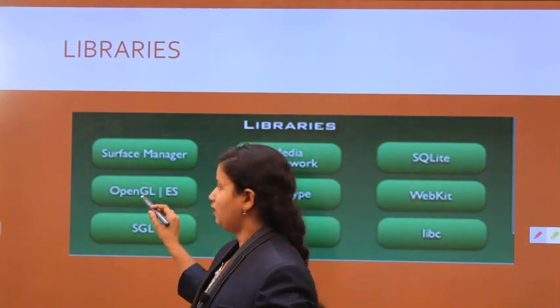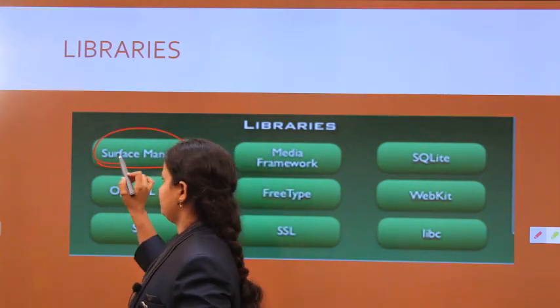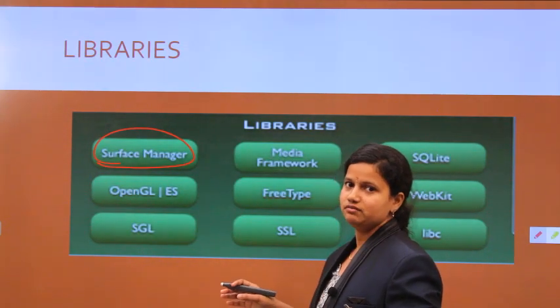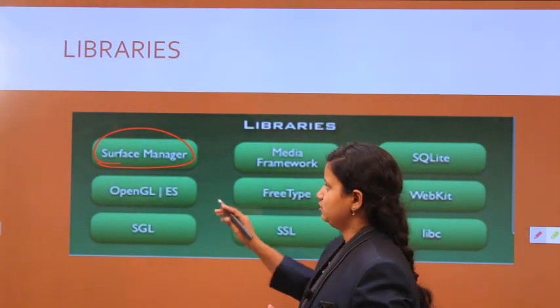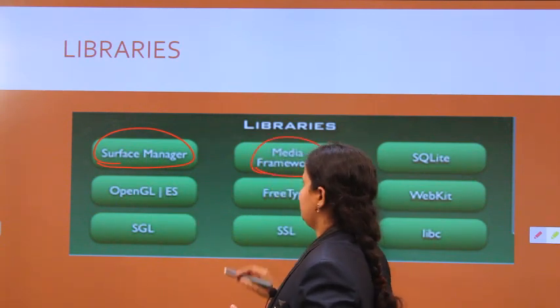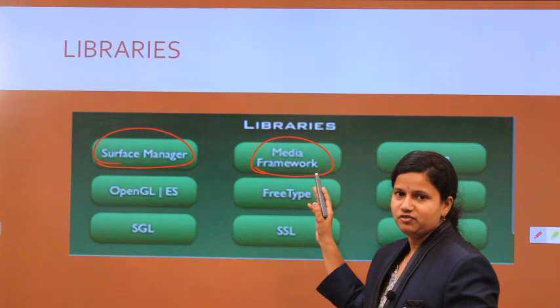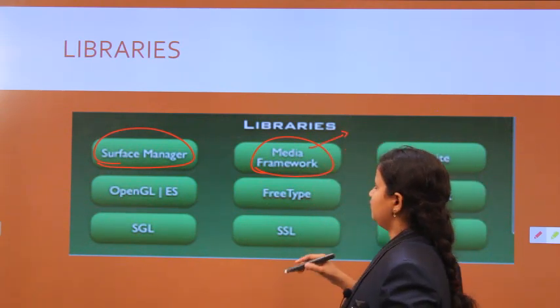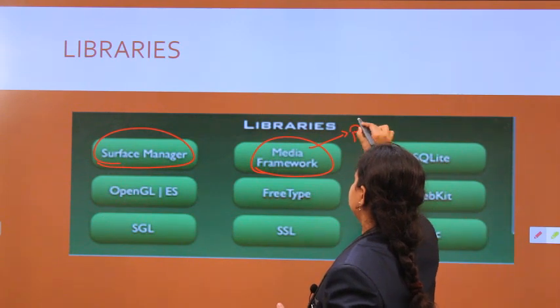So what are the different layouts? The layouts are responsible to the Surface Manager. The entire user interface is the responsibility of the Surface Manager, and the Media Framework is the next library. This Media Framework is responsible for the picture quality.